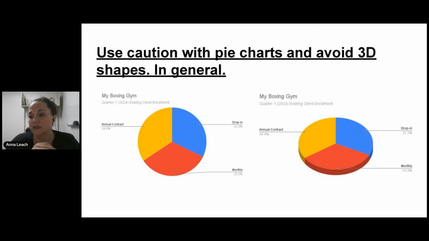The book Storytelling with Data, by an author whose last name I can't pronounce right now, sorry, talks a lot about this use of area and space in visualizations and how it should be avoided because of the way the brain processes that information.